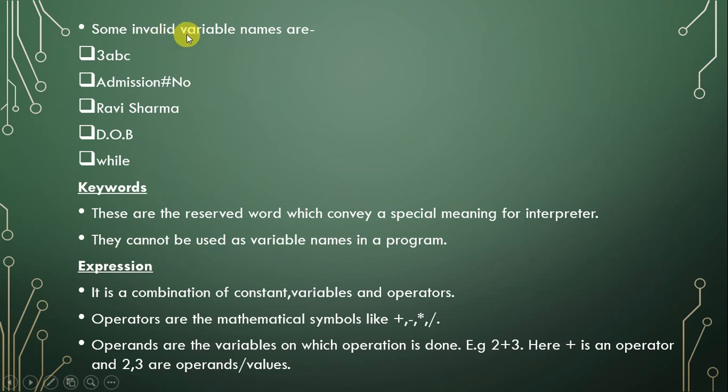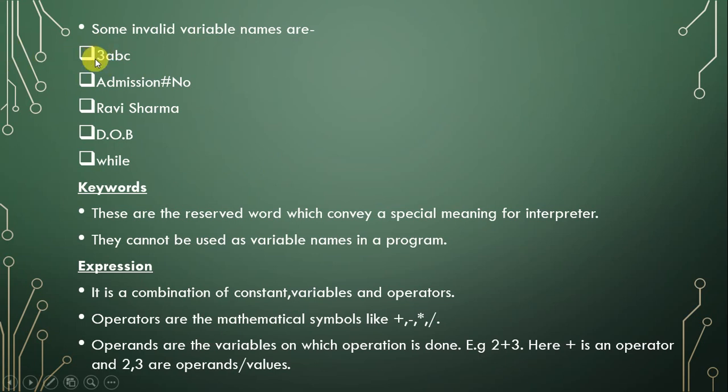Some invalid variable names are, first, 3ABC. Here you can see that ABC is starting with a number.